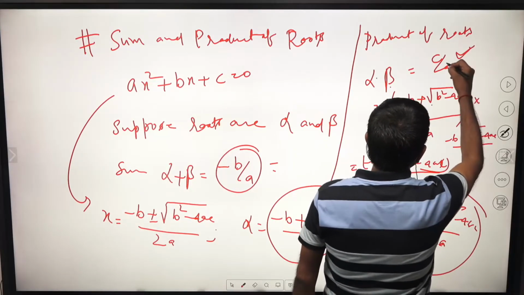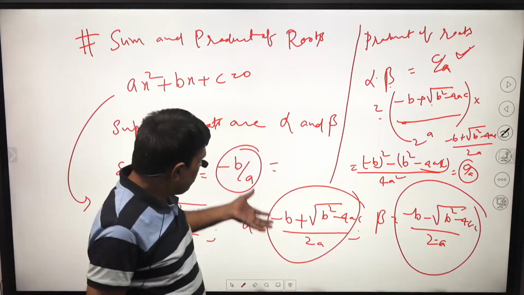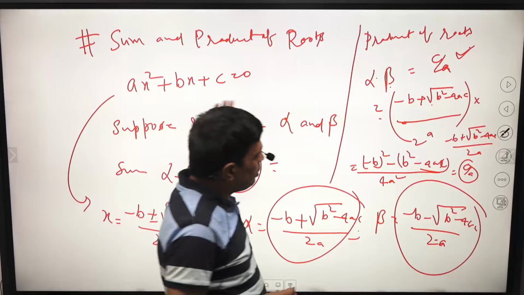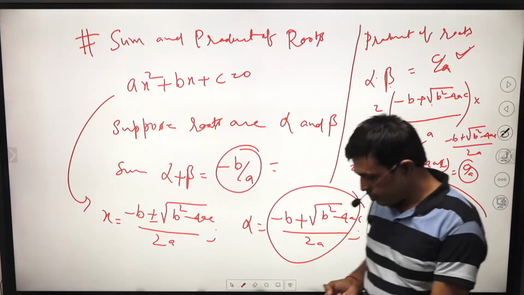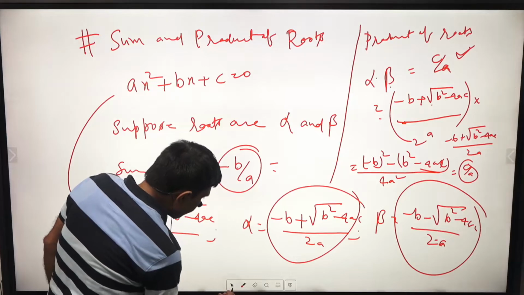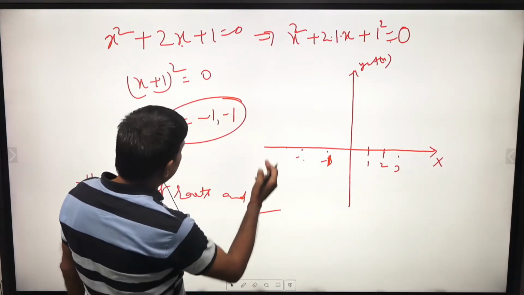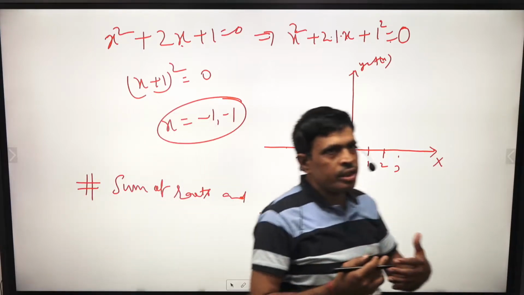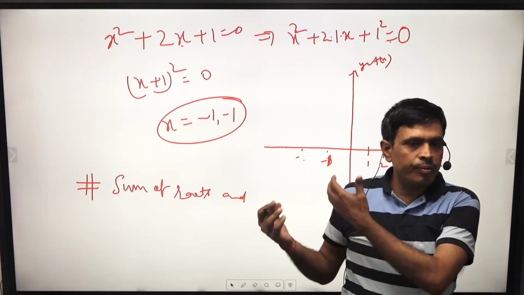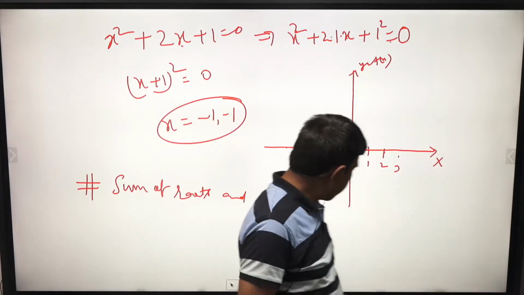This is the basic outcome for the product of roots and the sum of roots. Now we will learn all these through some examples.